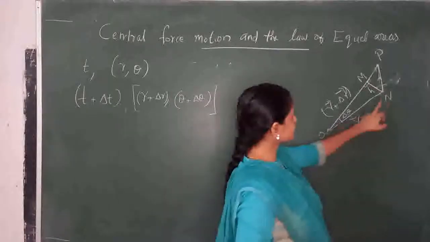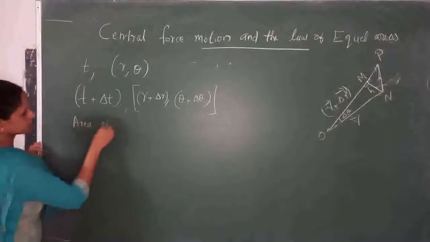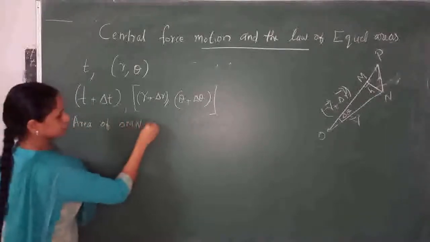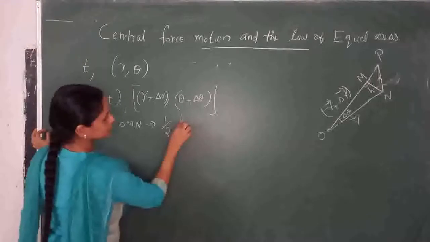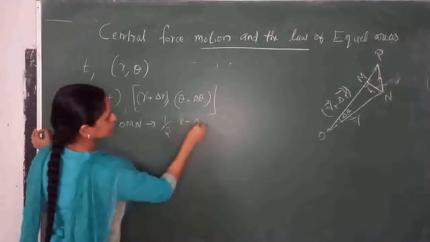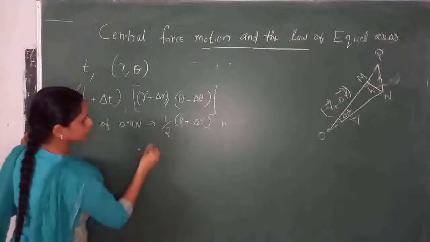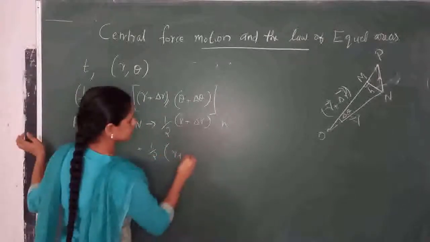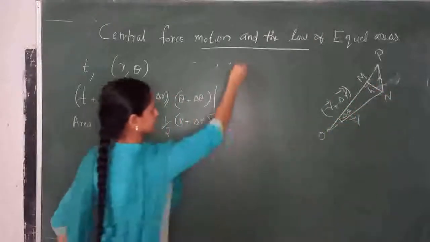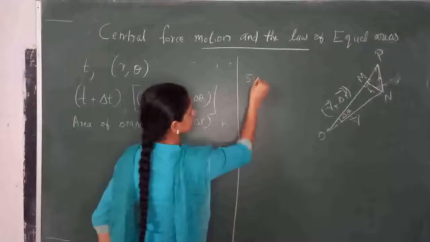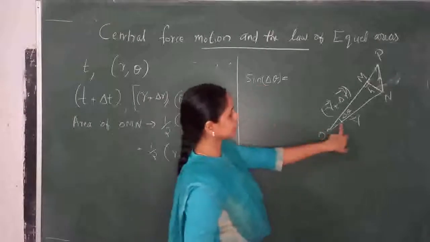So the area of this triangle OMN is given by half BH, where B is the base, r plus delta r, into H. So it is half into r plus delta r into H. Then what is H? For that we can find sin delta theta.